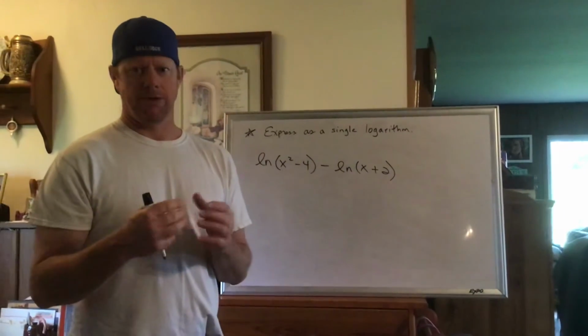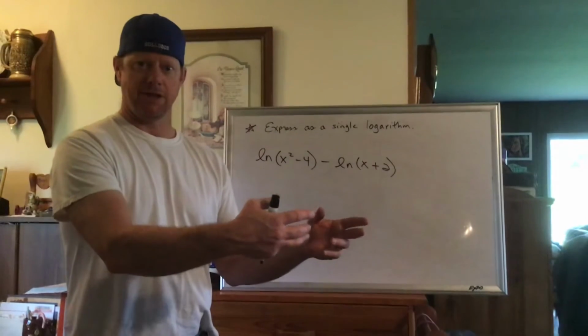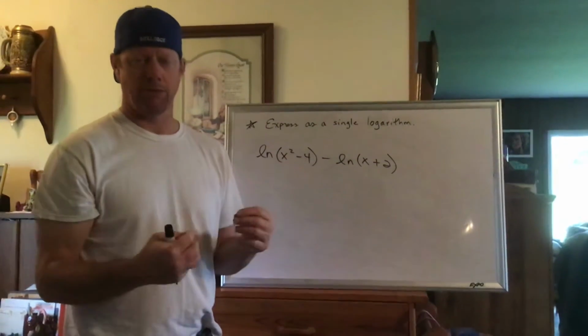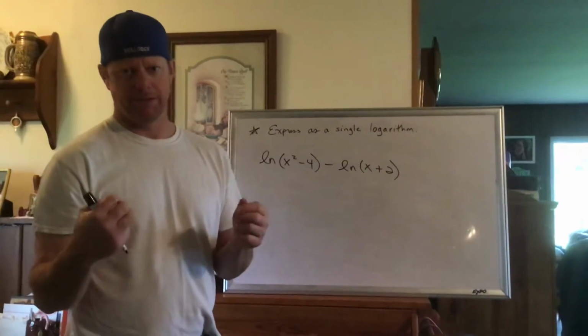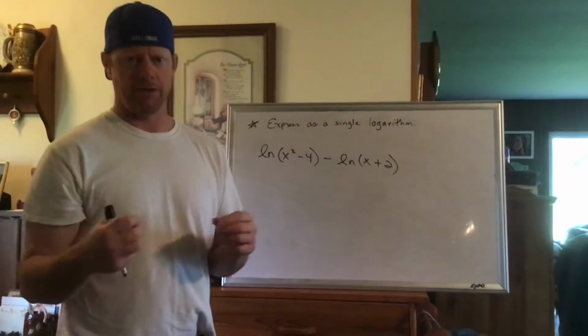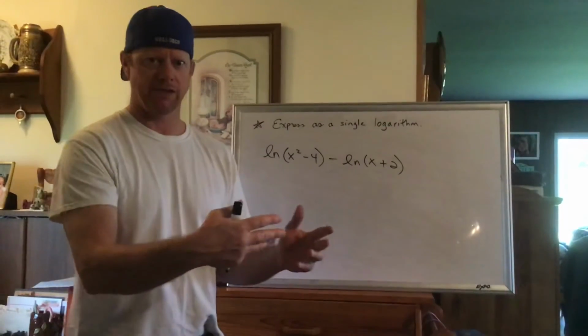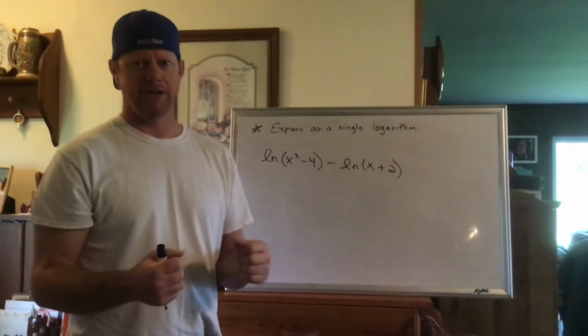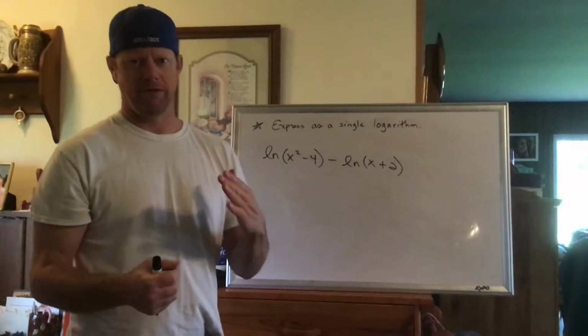The product rule says you can send a product to addition. Well, in a similar fashion, you can send addition back to being a product. The quotient rule says if it's a quotient in logarithms or natural logarithms, if it's division, you send division to subtraction. Well, in a similar fashion, if we're going the other direction, you send subtraction back to division.